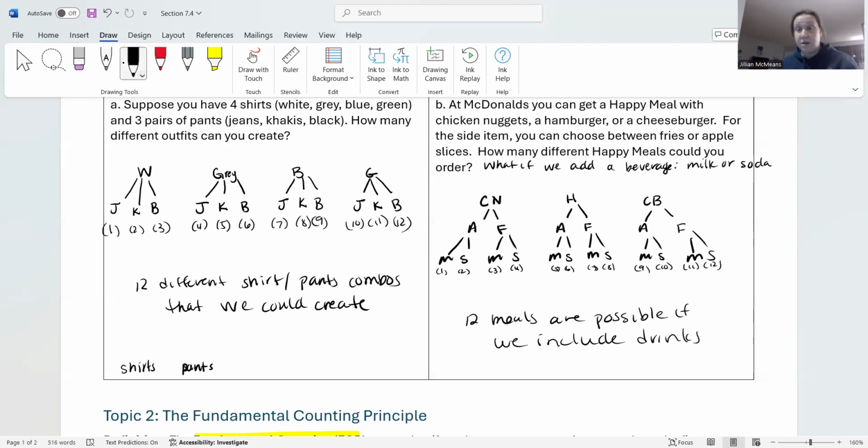The number of shirts could occur in 4 different ways, the pants could occur in 3 different ways. If we just multiply the ways each of these things could occur, we get the total combinations between the two. So if we take 4 shirts multiplied by the 3 pairs of pants, we get 12 outfits, which is exactly what our tree diagram showed us.